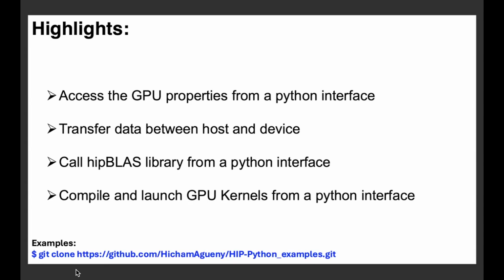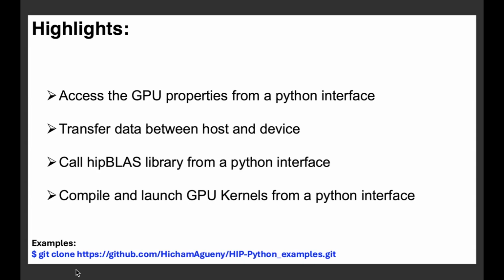So I will tell you a little bit about how you can access the GPU properties from the Python interface, how you can get many different properties. I will tell you a little bit about GPU management. It means how you can allocate GPU memory, how to deallocate GPU memory from Python, and also how you can copy data between the host and the GPU.